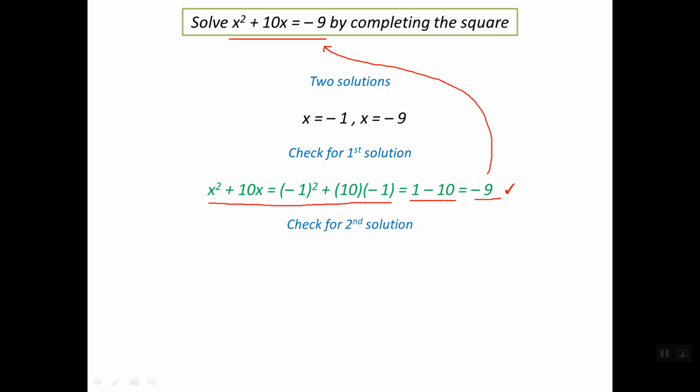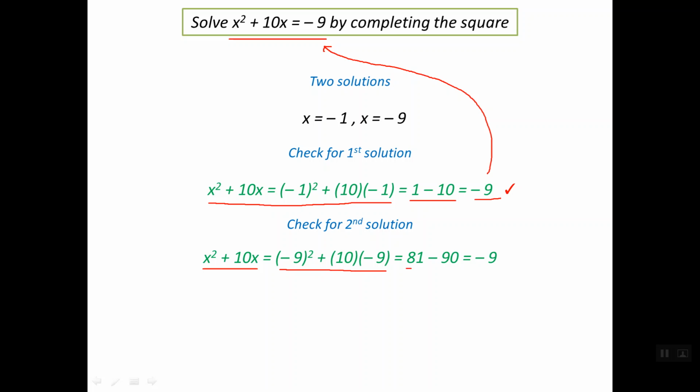Now we can check the second solution, which is x equal to minus 9. So the left side, x squared plus 10x. Now we substitute minus 9 for x. So minus 9 squared, plus 10 multiplied by minus 9.